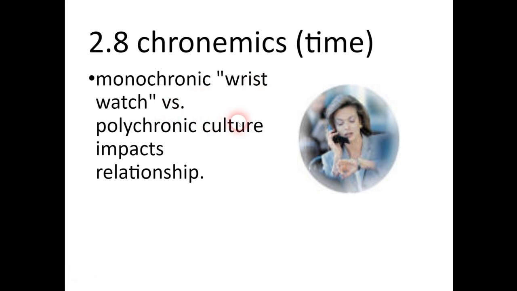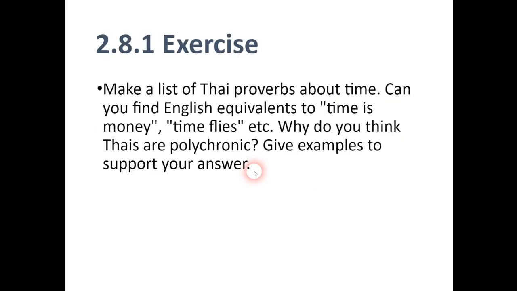But polychronic, like high context cultures, depends on the context. You can think about the Thai proverbs about time. In English, they say that time is money, time flies. Thai people are polychronic.